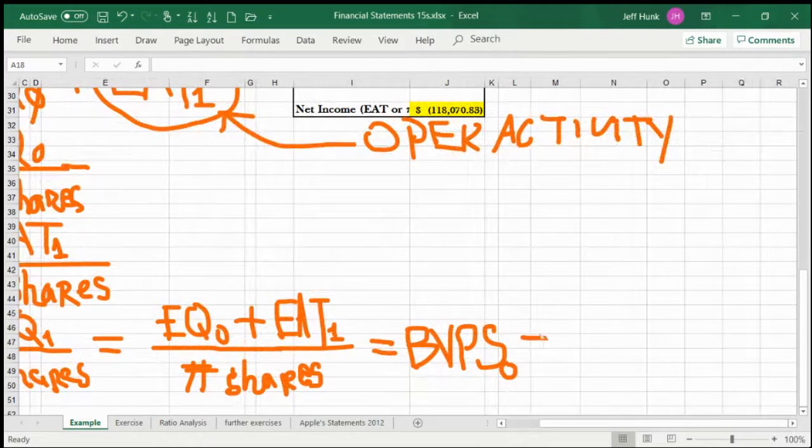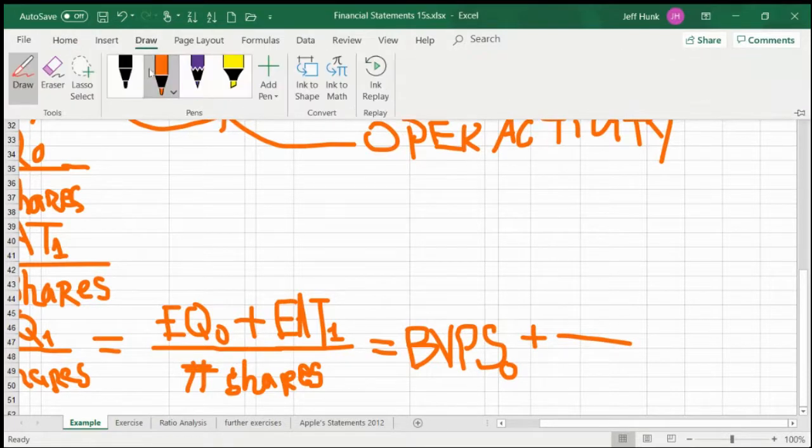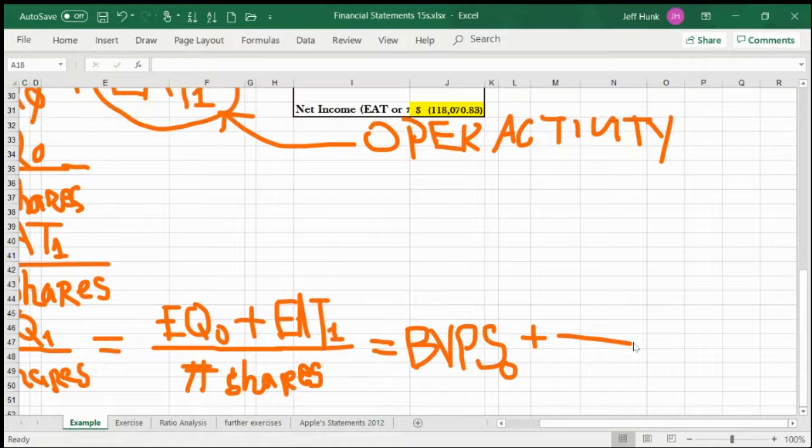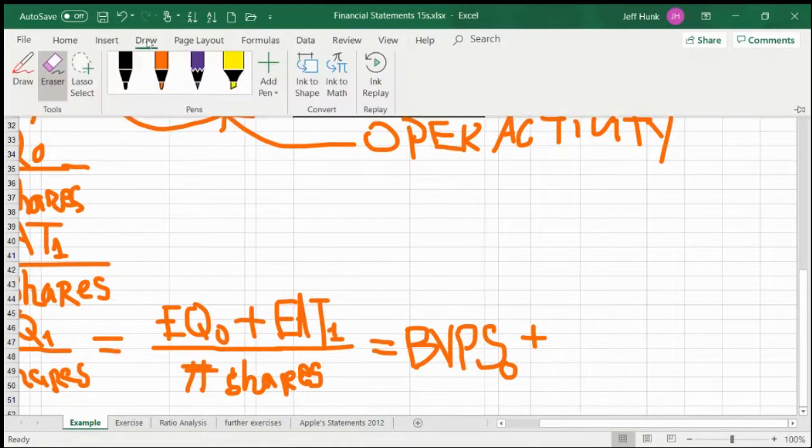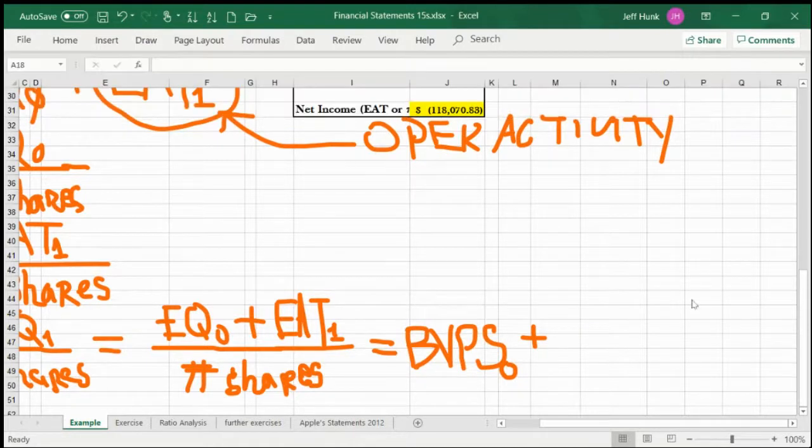And then what is EAT over the number of shares? EAT at time 1 over number of shares. That's earnings per share at time 1, right?